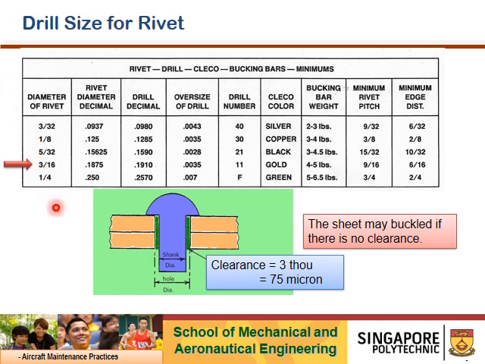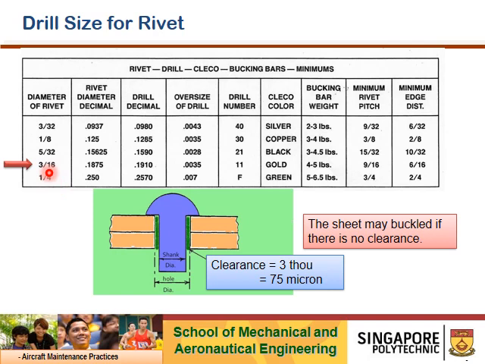Drill size for rivets. Before we install a rivet, we have to ensure that holes are drilled so that the rivets can be installed. So how do you communicate to the tool store gentleman that you require certain drill bits? Let's say using a 3/16 rivet diameter as an example.